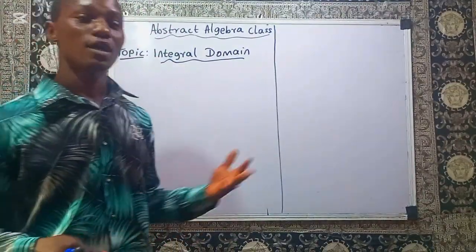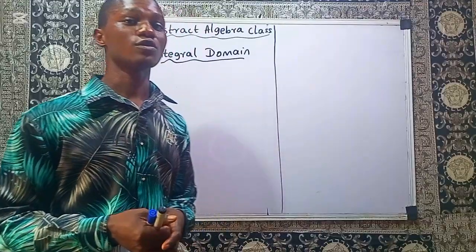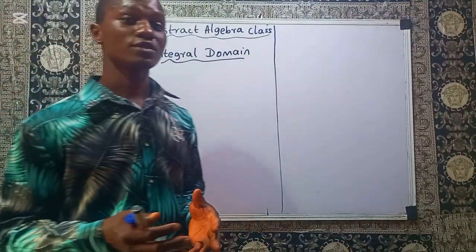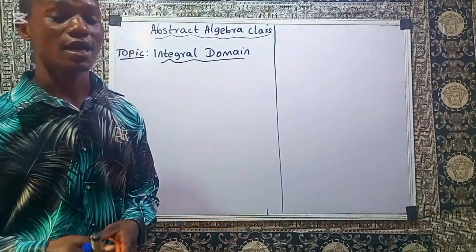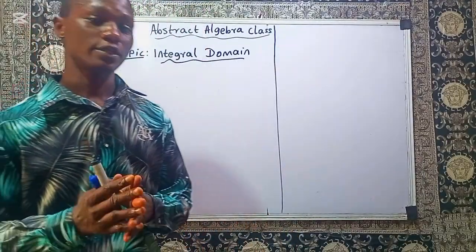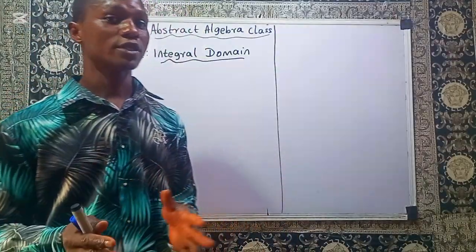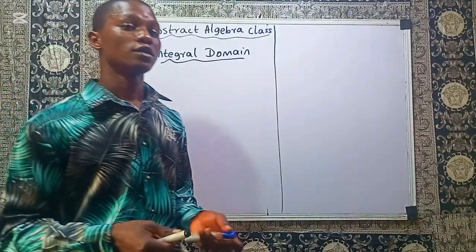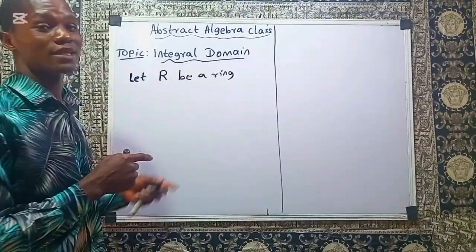But what is an integral domain? An integral domain is just a commutative ring with identity in which there is no zero divisor. Let R be a ring.